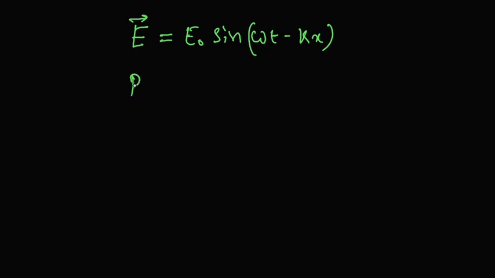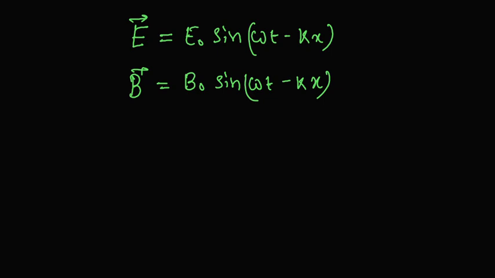Now we can say the changing electric field is E equals E0 sin(omega t minus kx), and it will create a magnetic field which is B equals B0 sin(omega t minus kx). And these two fields, the electric field and the magnetic field, are perpendicular to each other.